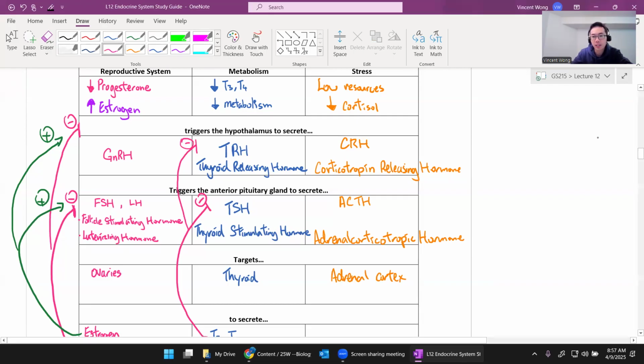If you've forgotten, this is the kidney, and then the adrenal gland is on top. Outside is cortex, inside is medulla.